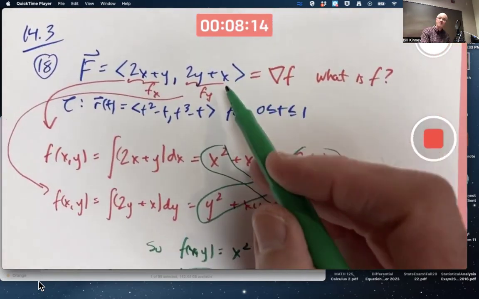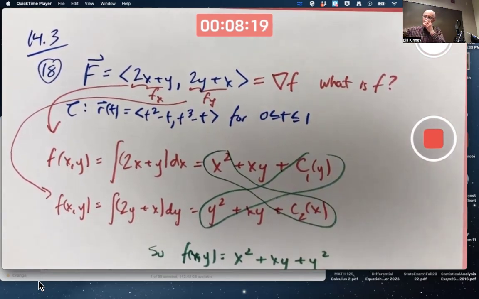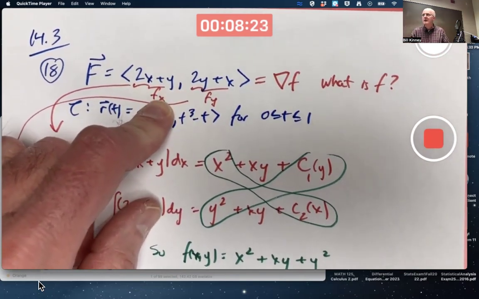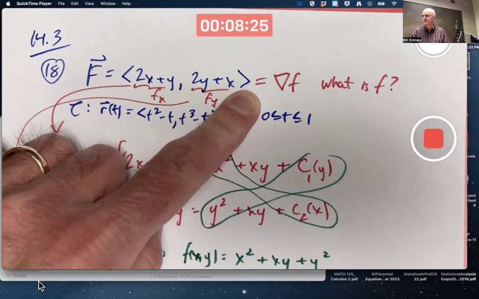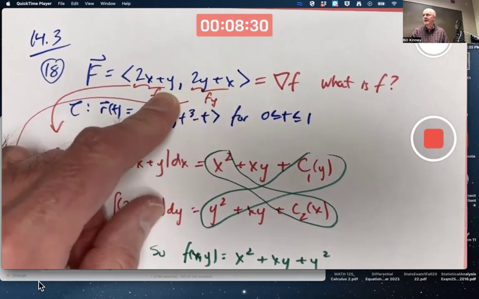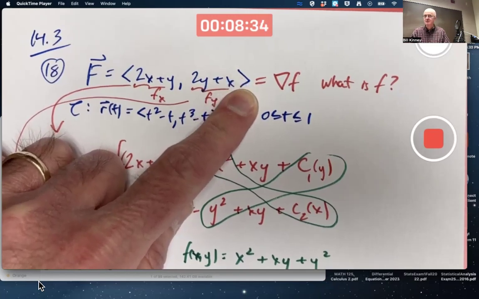But remember, typically, most vector fields, if you write down a random vector field here, or a random formula, in all likelihood, it will not have a potential function. It's very special for the vector field to be the gradient of some scalar function. That's very special.